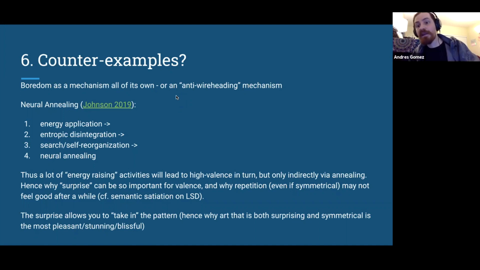That's what we believe is going on with psychedelics: they give you what Mike would call semantically neutral energy. That gives rise to an entropic disintegration, a term from Robin Carhart-Harris's entropic brain hypothesis, which then gives rise to a search or self-reorganization that settles on basins of symmetry. And it's those that feel good. It's not the energy that feels good, it's the end result, the attractor that it takes you to.